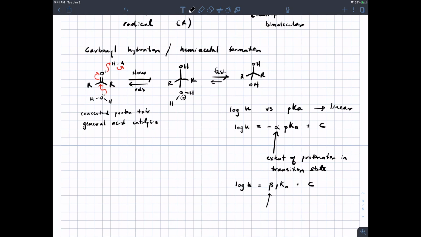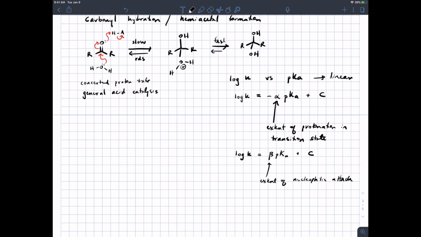And this beta represents the extent of nucleophilic attack in the transition state. And so you can measure these numbers, and it turns out that the number stays pretty constant even if you make changes to the carbonyl compound.